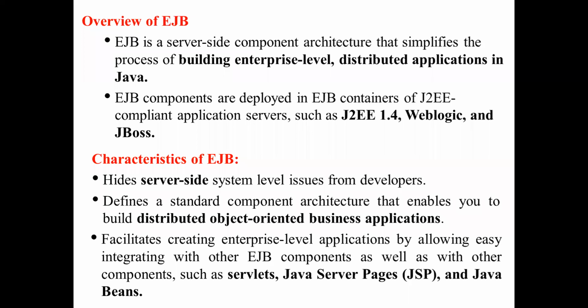EJB components are deployed in an EJB container of a J2EE compliant application server. For example, we can use J2EE components with the specific version 1.4, and we can also use WebLogic and JBoss.